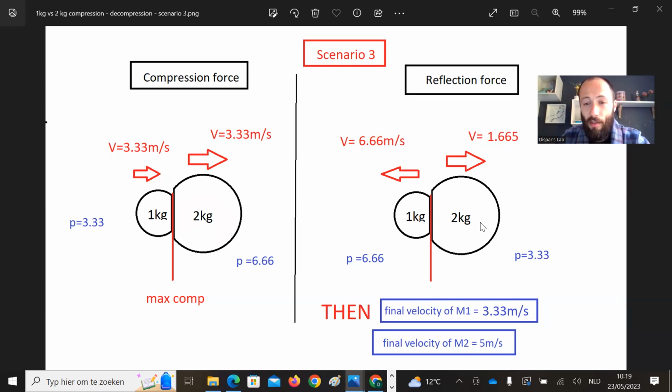So in this case, the 2 kilogram comes out with 5 meters per second, which should be the conventional science prediction, 5 meters per second at best, but it's also not the case because the 1 kilogram is also bouncing back. In the conventional science ideal situation where all energy is transferred, the 1 kilogram should have 0 velocity.